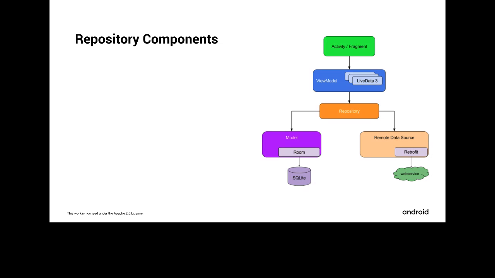But if you don't have that remote data source, your repository is basically going to be a pass-through layer for getting stuff from the database, and then when you get the model, you pass it to the repository. And remember, your view model shouldn't necessarily be accessing the database itself.